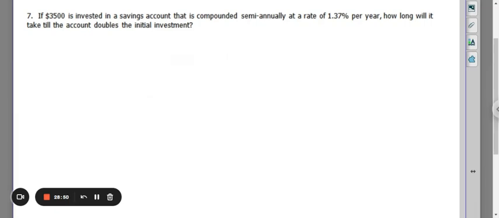Well, we have our initial investment. Semi-annually is how many? We have our interest rate. And what is the final amount in this case? 7,000. Okay, set it up, find it.